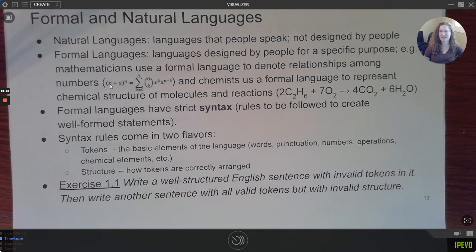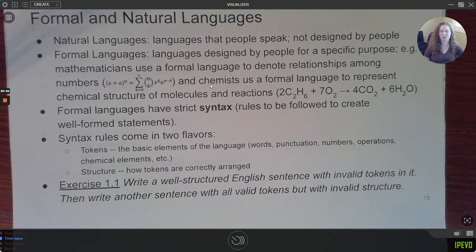This just means if I take one value x plus another value a, or the sum of two values, and raise that sum to the nth power, then that would just be the sum of n choose k times x to the k times a to the n minus k, where k can vary from 0 to n, and I would just add those all up. So all these symbols mean something, and these are all part of this language so that I can easily and concisely represent a mathematical concept.